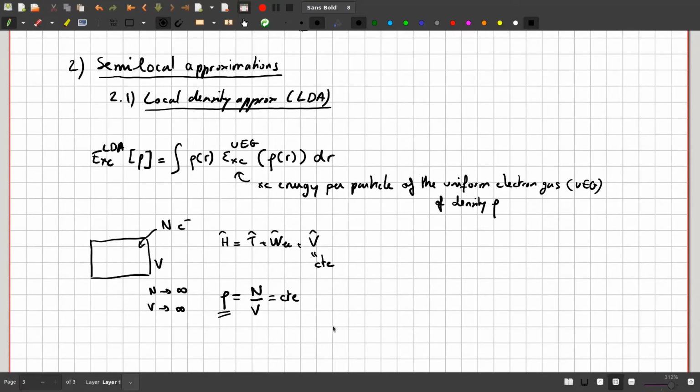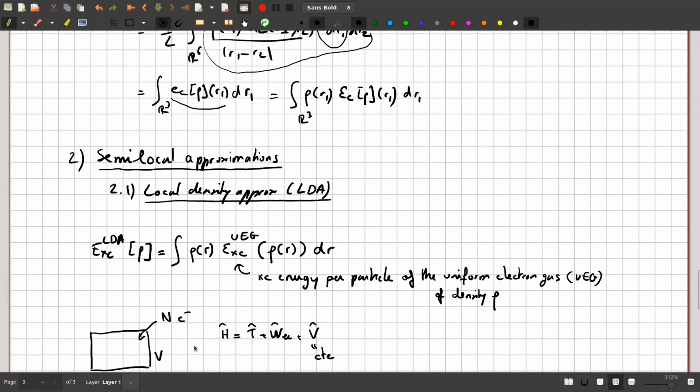So in the LDA, what you do is that you consider that in your real system, which doesn't have a uniform density, now the density depends on R, at each point of space, R, you compute the density of your real system, which is rho of R. And instead of using the true energy per particle of your real system, you take, as a simple approximation, the exchange and correlation energy per particle of the uniform electron gas having the same density at this point.